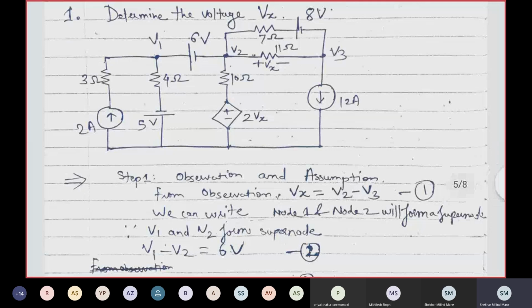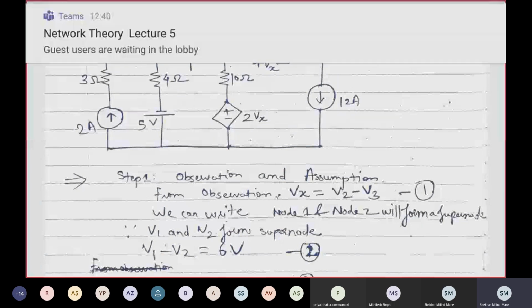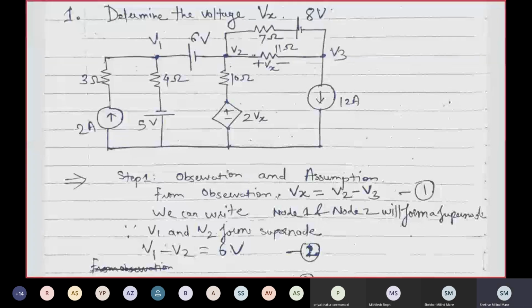So first we have to find the value of Vx. From observation, the value of Vx is equal to V2 minus V3.